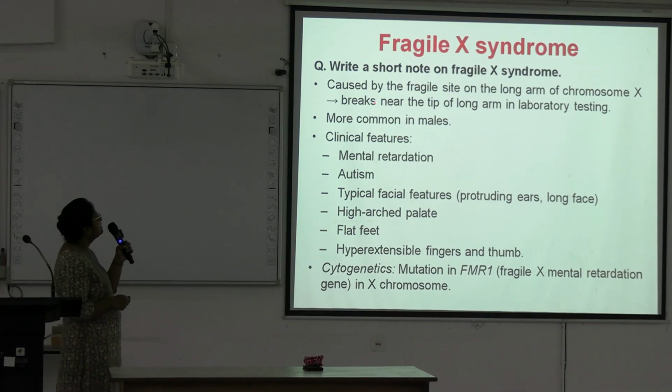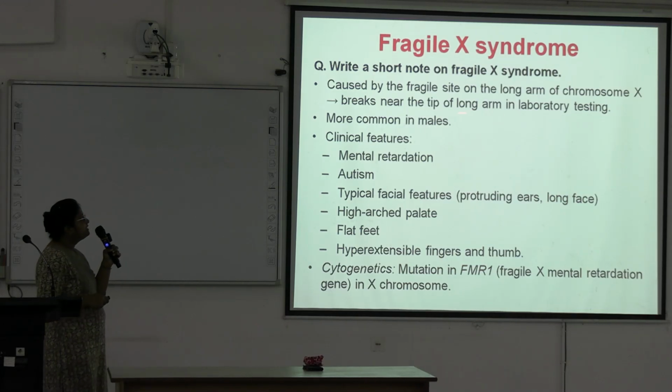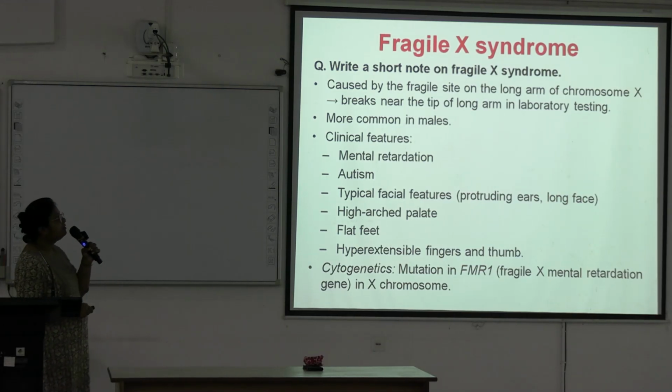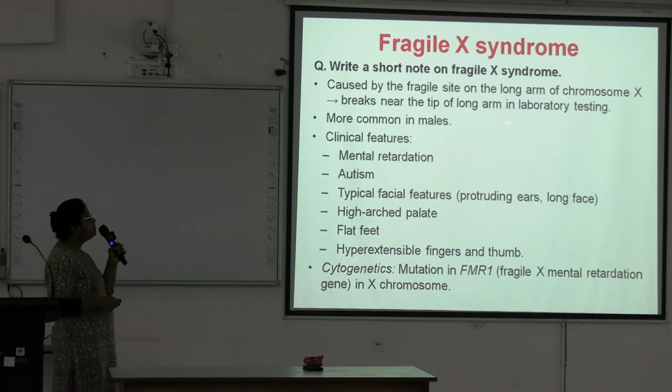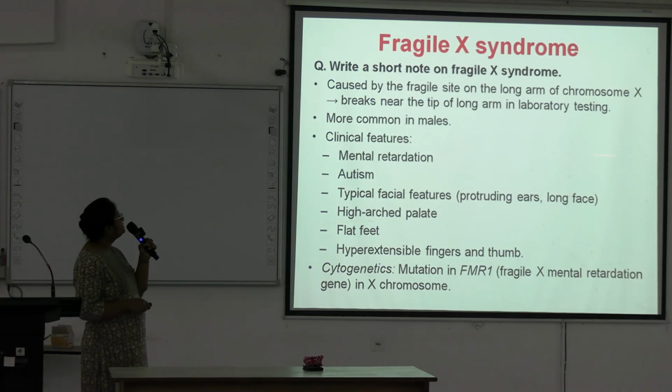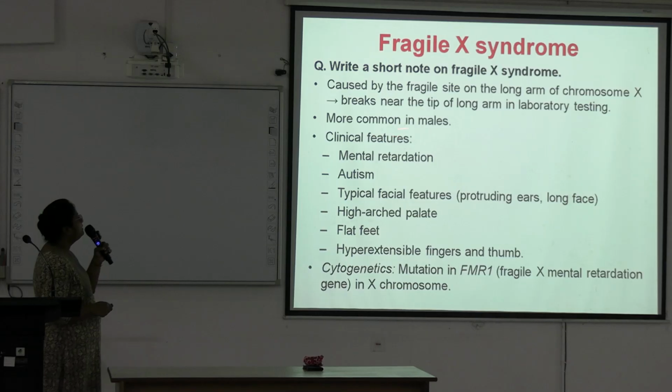Fragile X syndrome is caused by a fragile site on the long arm of chromosome X. It breaks near the tip of the long arm in laboratory testing, and this is more common in males. These are the clinical features.